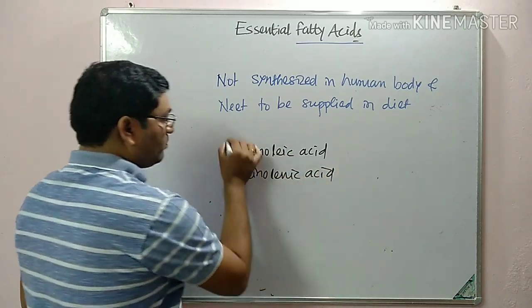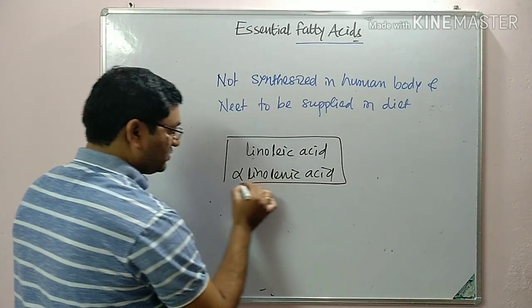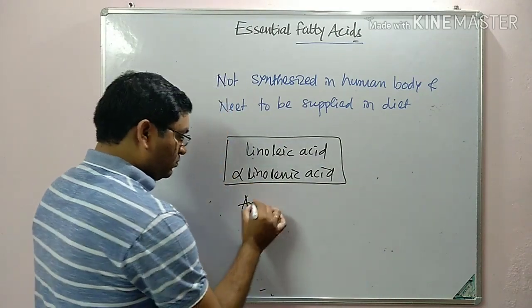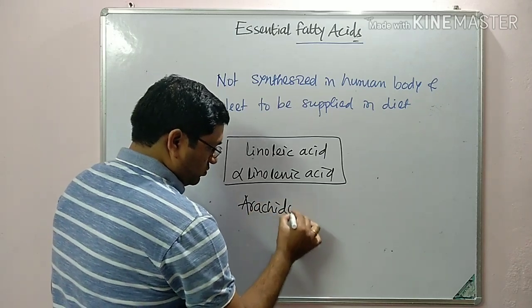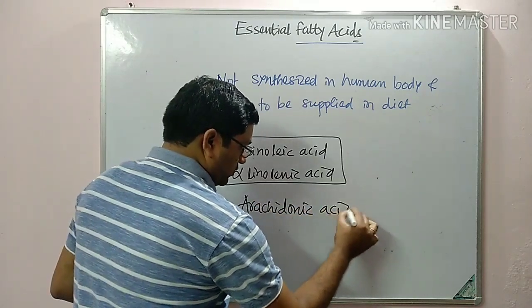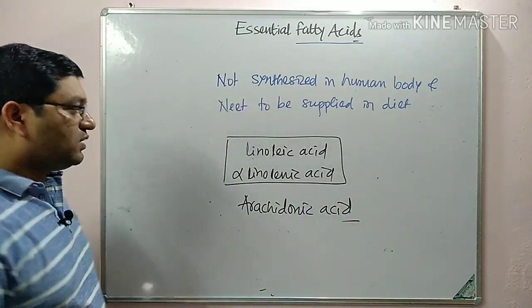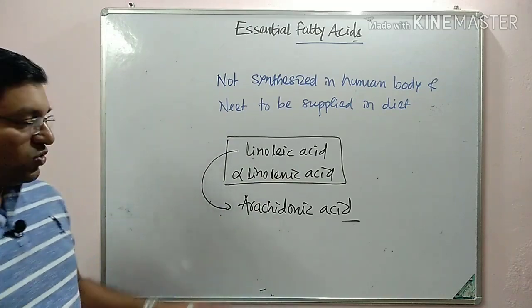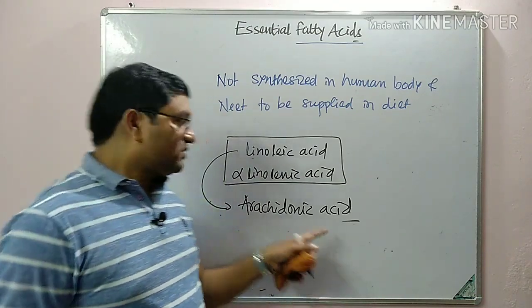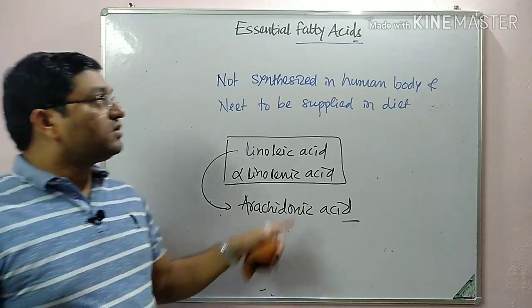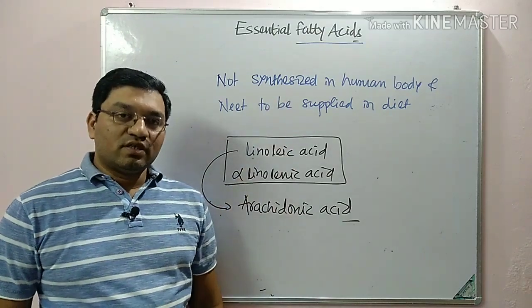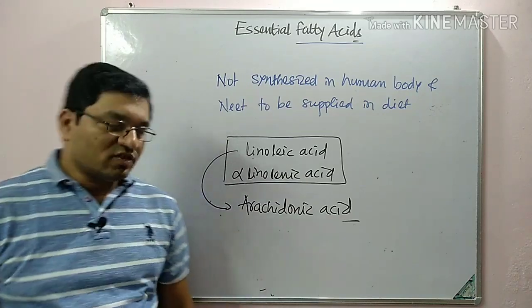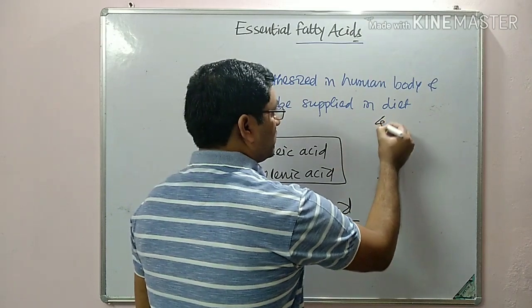These are the two important essential fatty acids. Apart from these two, arachidonic acid is semi-essential because it is synthesized from linoleic acid. So arachidonic acid is a semi-essential fatty acid, while linoleic and linolenic acids are the essential fatty acids.